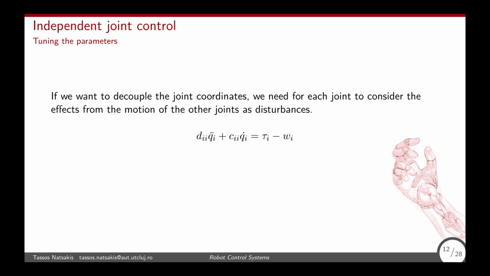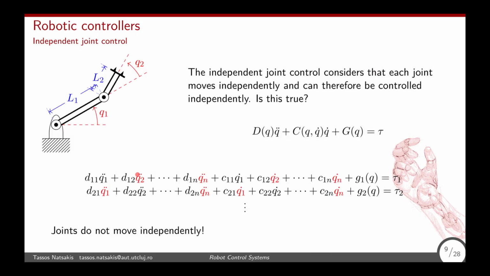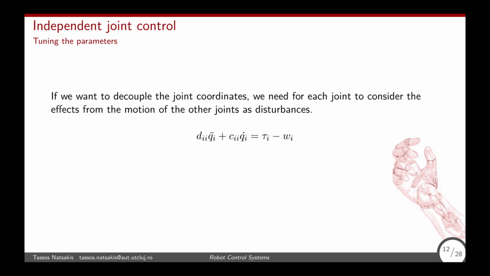If we start from those equations, basically, I can take all the terms that are not related to the first joint and group them together and call them disturbance. So I can write it like this for all the joints.